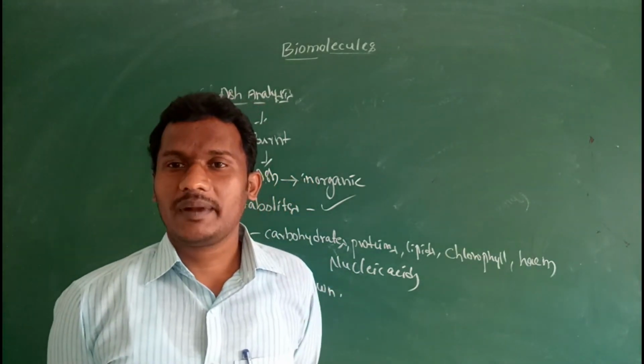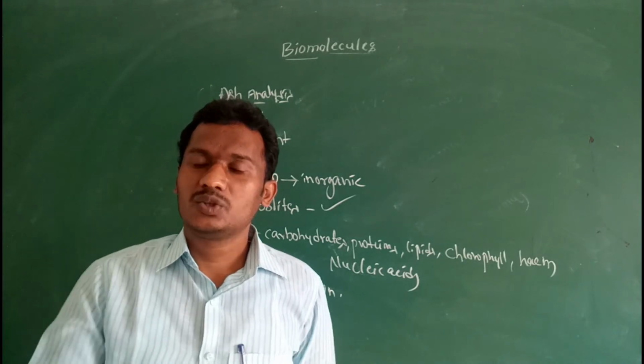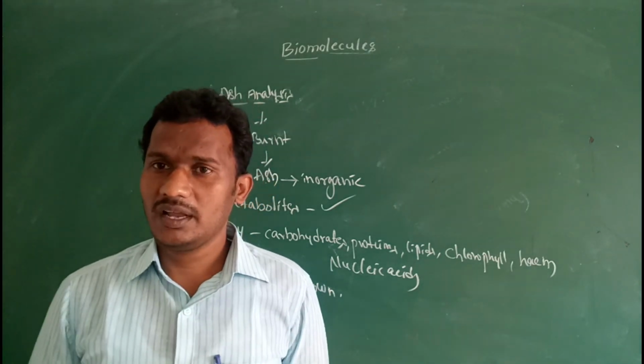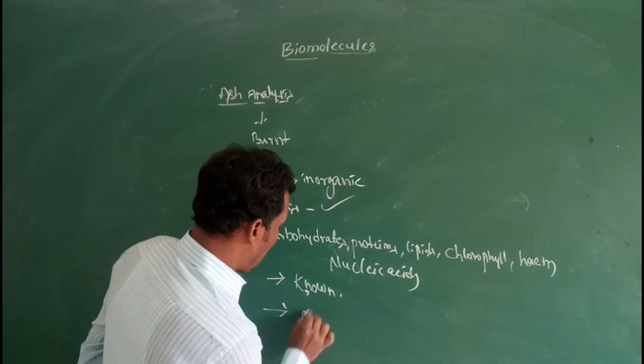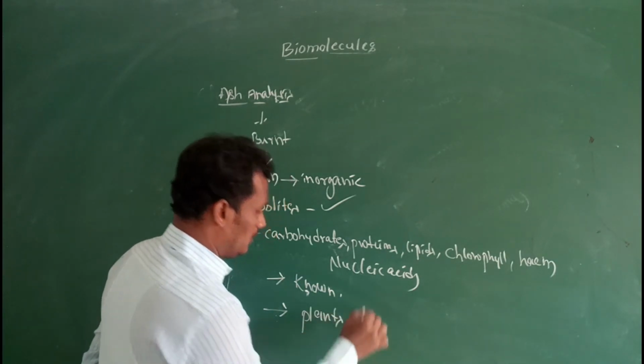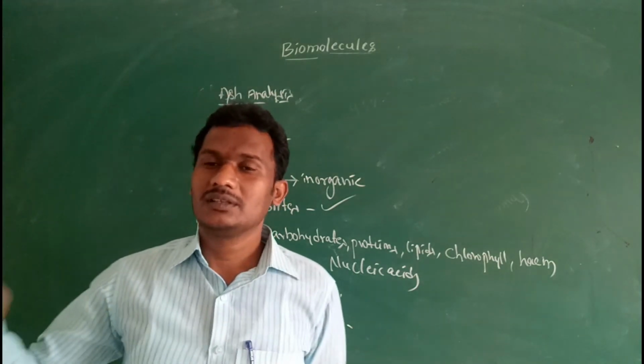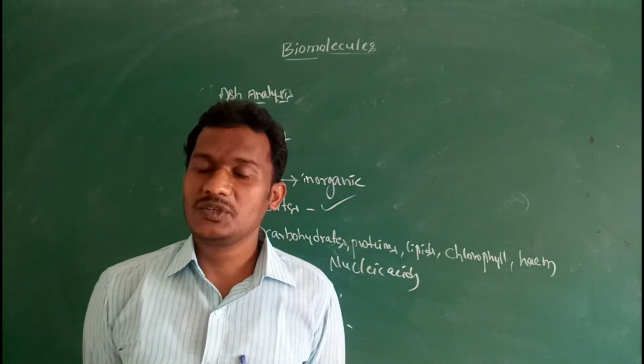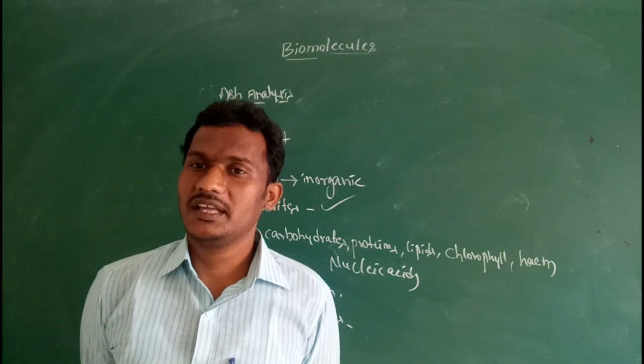Then these primary metabolites are present throughout the life cycle of the organism. For example, in plants, from germination to the natural death of the plant.